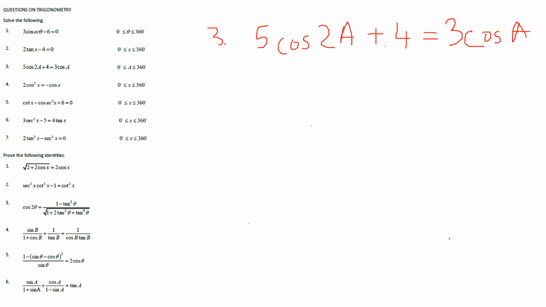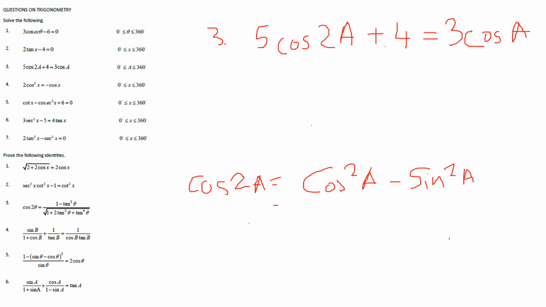So the identity of cos 2a is gonna be cos. Let me just show you identities of cos 2a. Cos 2a has an identity which is cos squared a minus sine squared a.